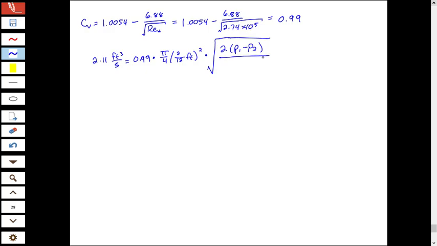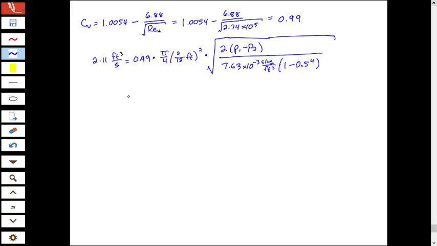We'll get to that. And then 7.63 times 10 to the negative third slugs per cubic foot. And then our 1 minus our beta to the 4th. All right, we have that.